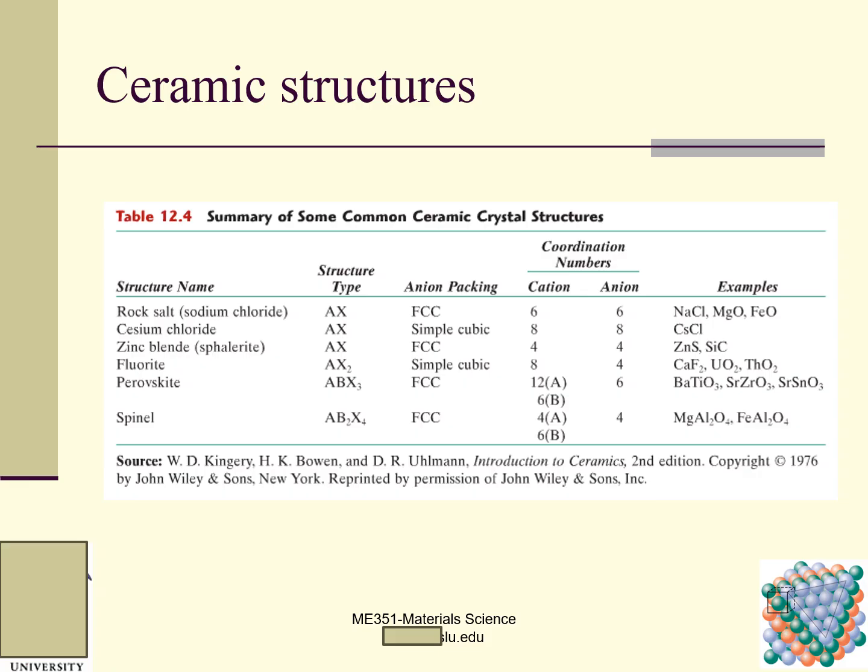So these are their structure names, and here is a structure, and here is the ion packing. So FCC. Also the coordination number, along with the examples here. And so this is very important. Ceramic structures are very important for engineering applications.